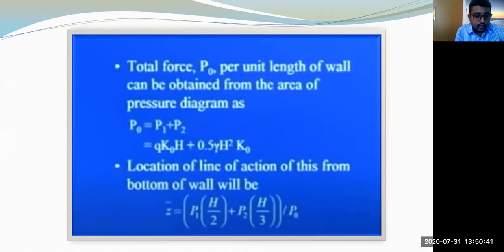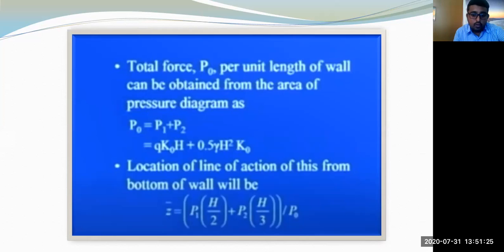Let us see the procedure to estimate it. You find the total area, which gives the magnitude of the total force acting per unit length of the wall. So P naught is equal to P1 plus P2, where P1 is equal to Q into K naught into H and P2 is equal to 0.5 gamma H square into K naught. That is, P naught is equal to Q K naught H plus 0.5 gamma H square K naught.